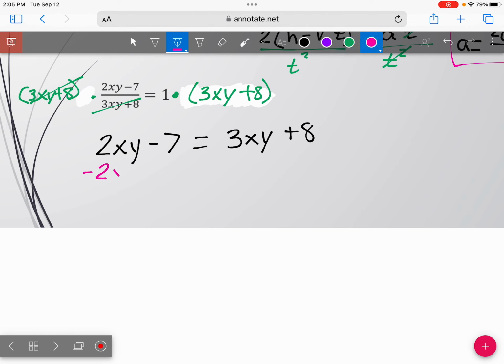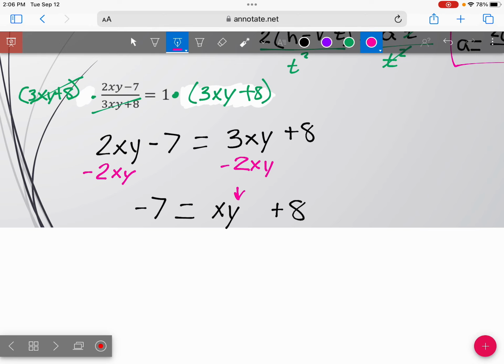So I'm going to minus my 2xy. This is 2 really weird apple pies. I'm going to take away 2 really weird apple pies. Going to leave us with minus 7 equals 3 apple pies. Take away 2 apple pies. Leaves us with 1 apple pie. xy, apple pie. Plus 8. Now that I have my y's together, we can work towards getting y by himself. What do we need to do to get y by himself?